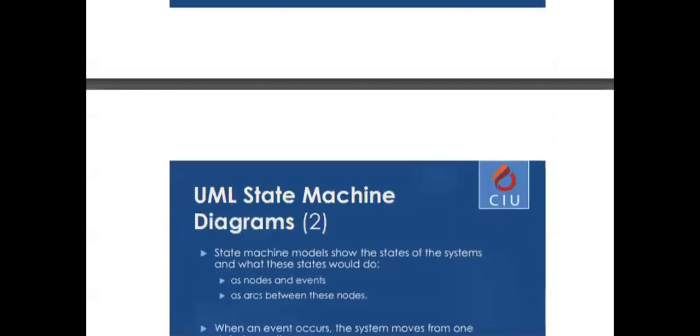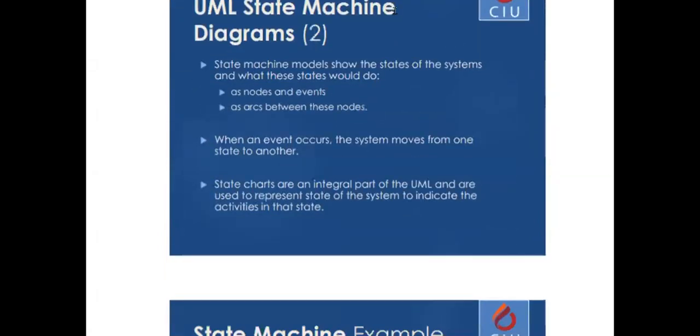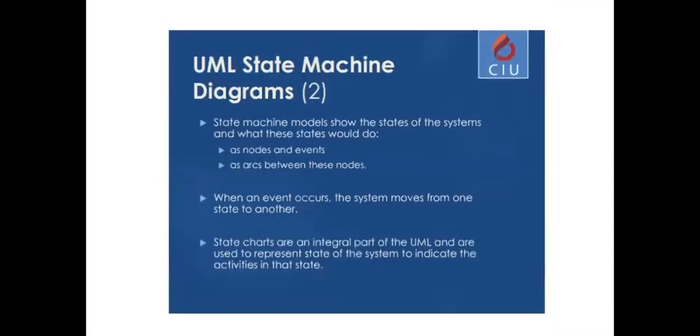Next, we can look into the structure of the state machine diagrams. State machine models show the state of the system, obviously, and there are certain states that you should be aware of. States are displayed as nodes, and events as arcs. When an event occurs, the system moves from one state to the other.